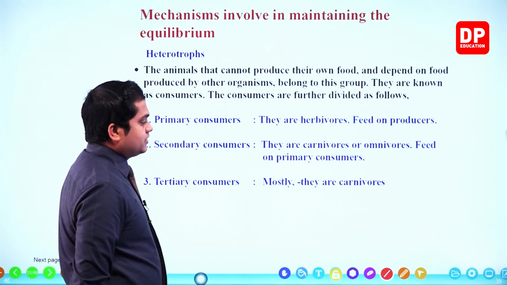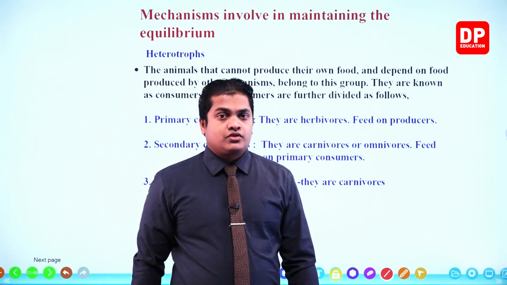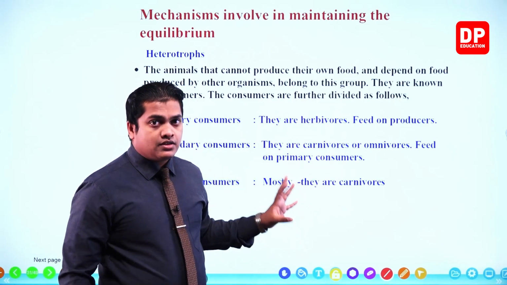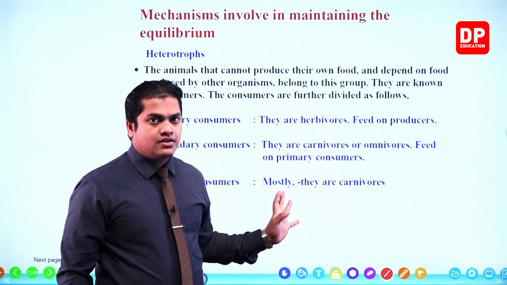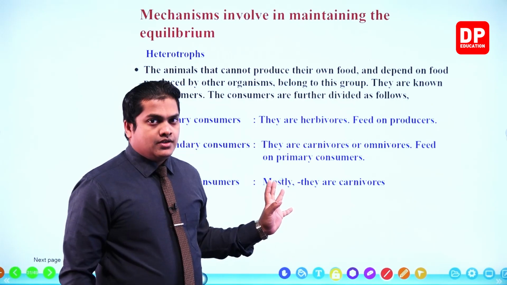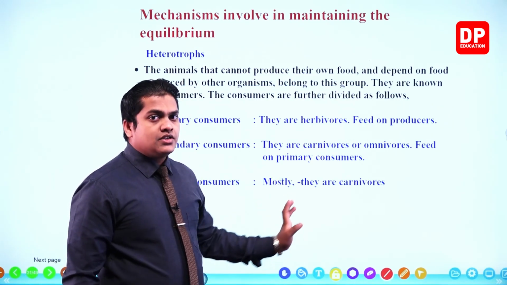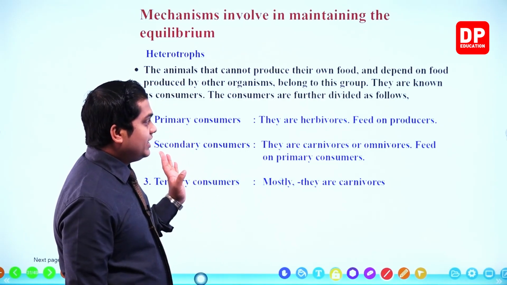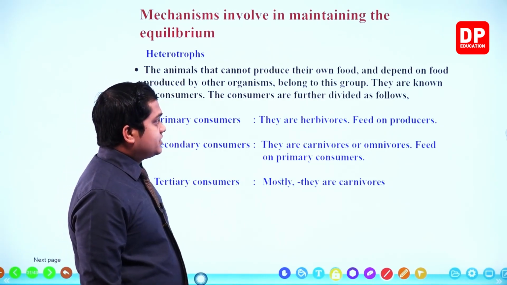Tertiary consumers. Mostly they are carnivorous. Tertiary consumer means from first to second to the third level, the third trophic level, the third link. So most probably these organisms are carnivorous. Now you can observe the three types of heterotrophs.